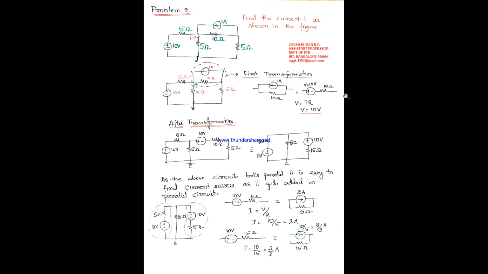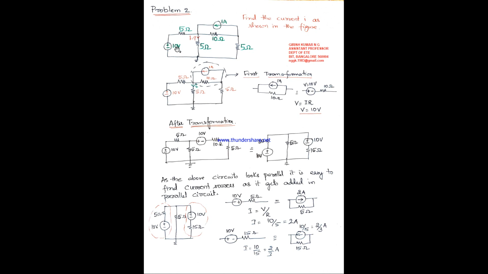What will you do? Can you think for a while before looking at the answer? What will we do so that the current I is found? There are only two possible ways.